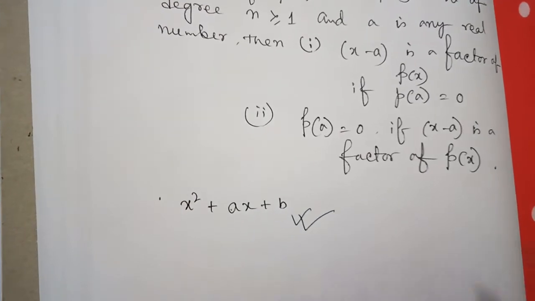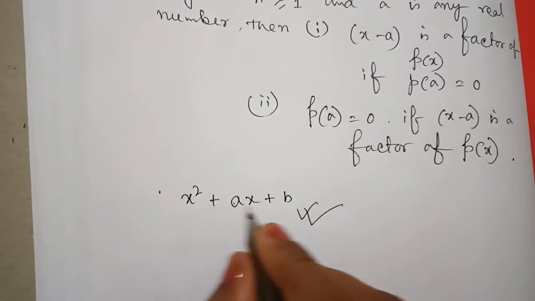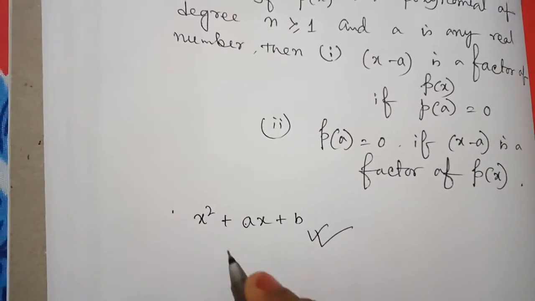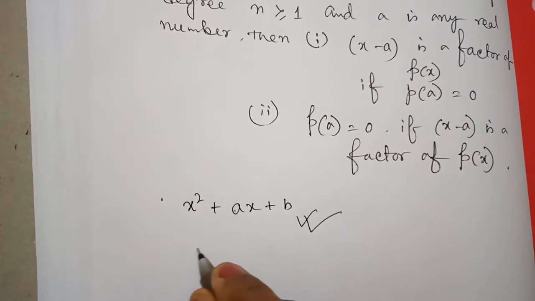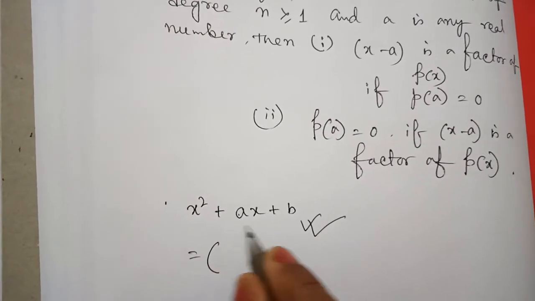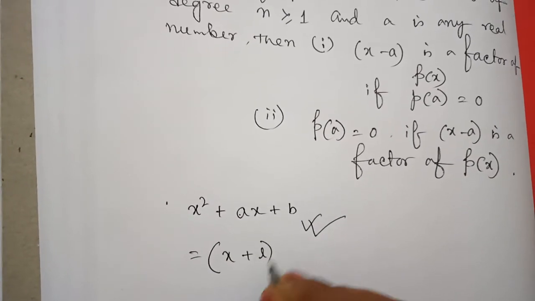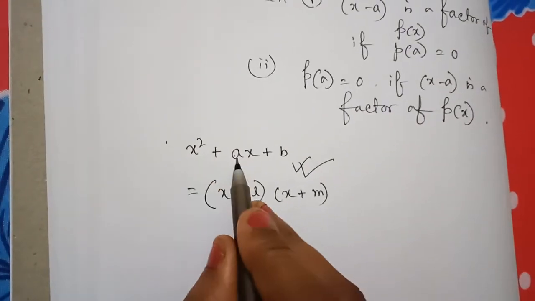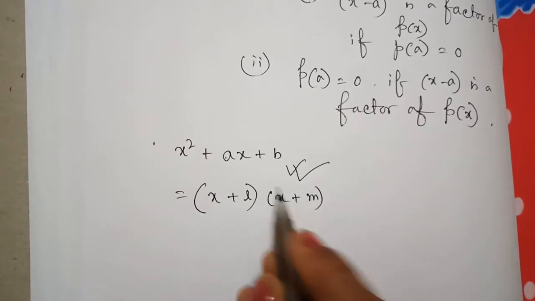Everybody has done this type of thing in class 8, right? But still I'm giving you a very simple idea. Suppose x square plus ax plus b, after factorization, gives two factors, like x plus l and x plus m. So x square plus ax plus b equals x plus l into x plus m.